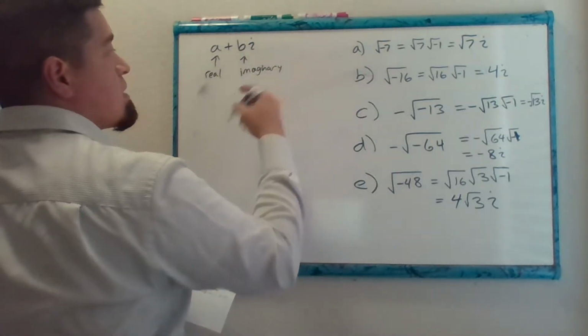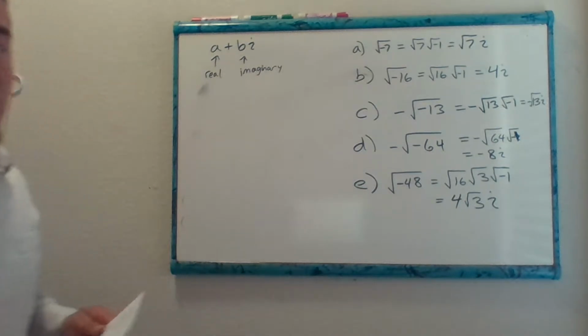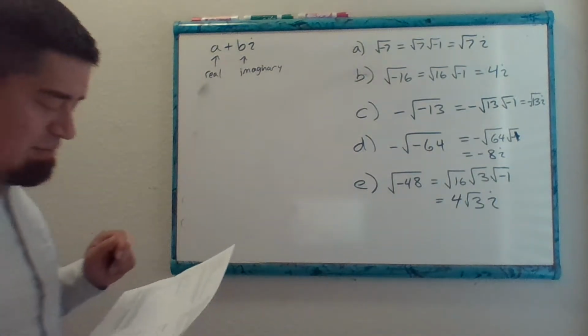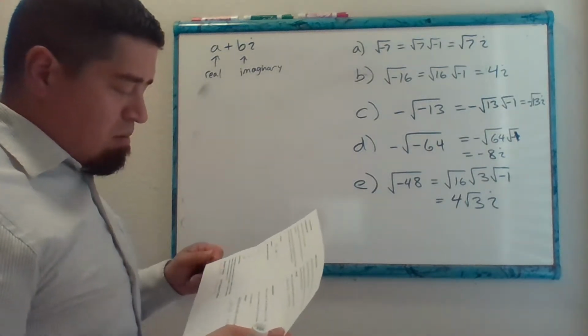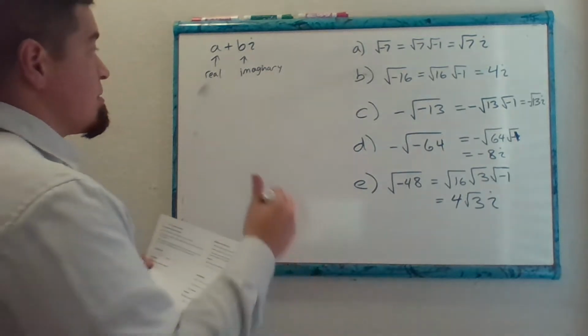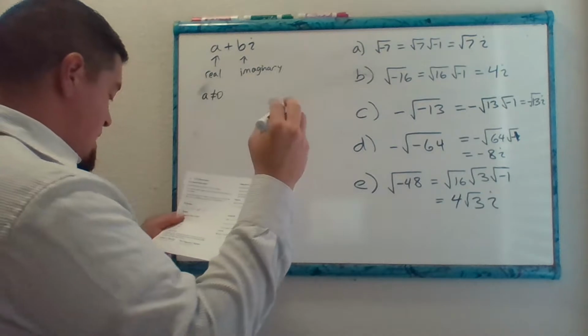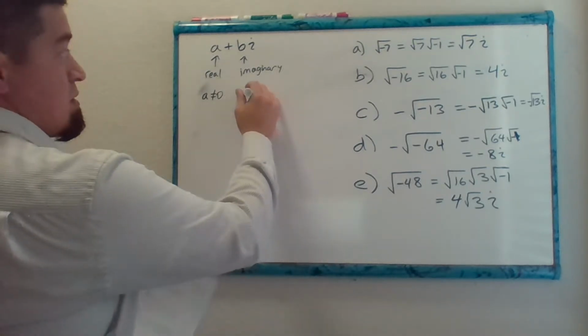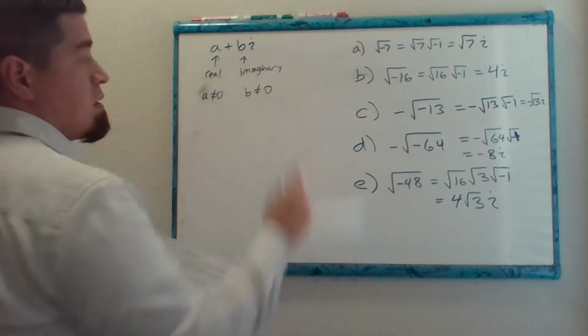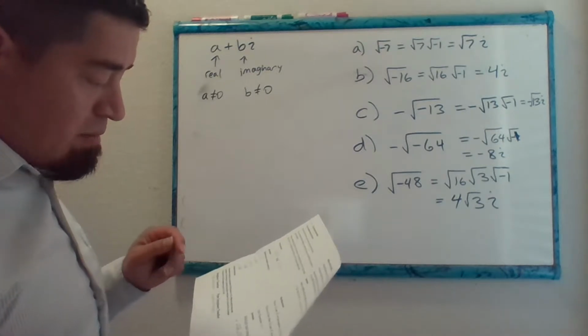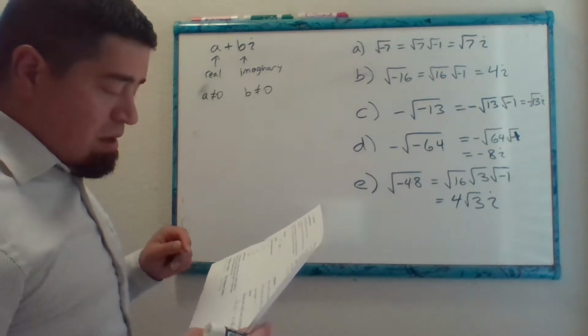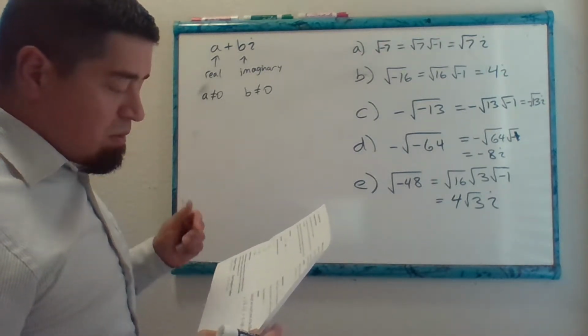So there's two parts to a complex number, the imaginary part and the real part, with a couple of stipulations. a cannot be 0, which is noted on your work, and b cannot be 0 as well. So in order for this to be a complex number, you have to have both parts.